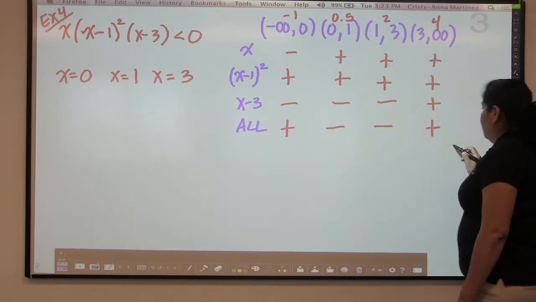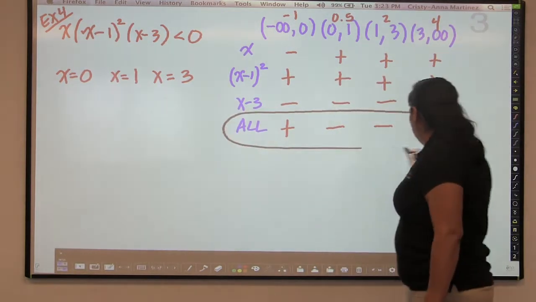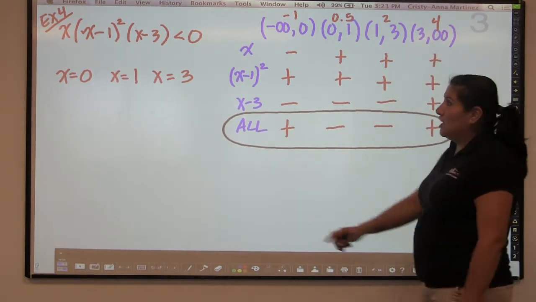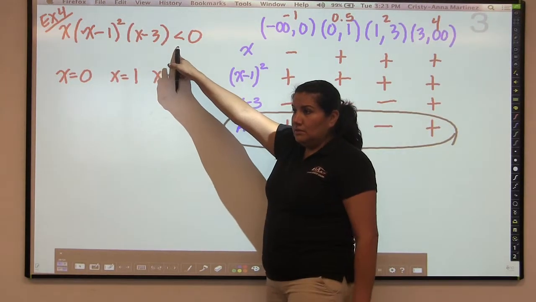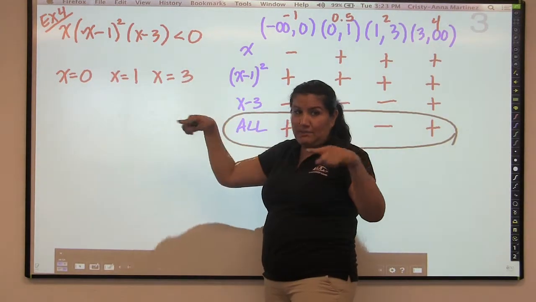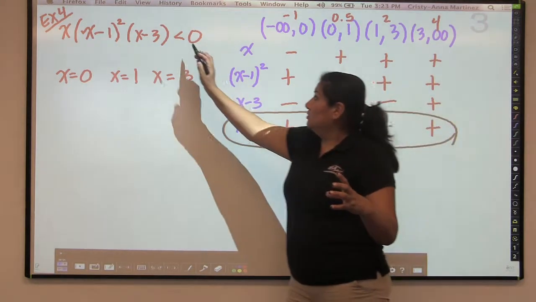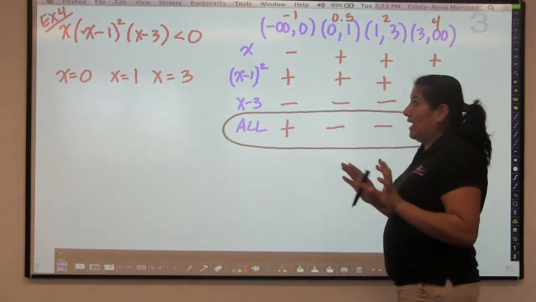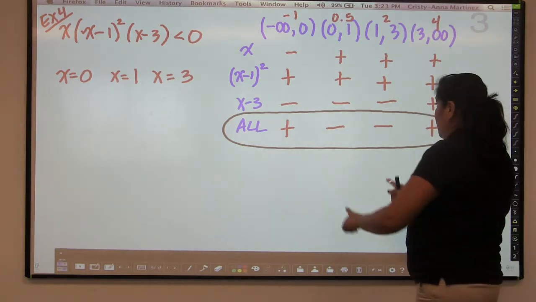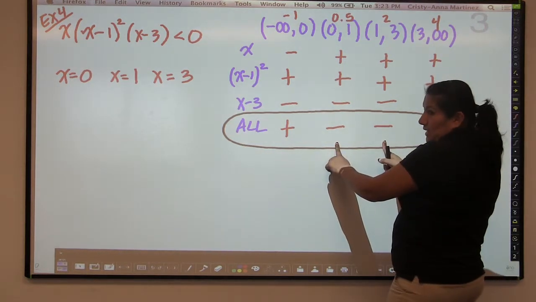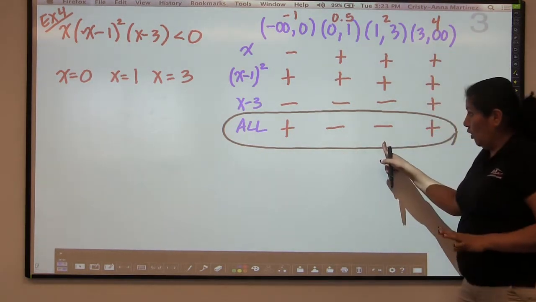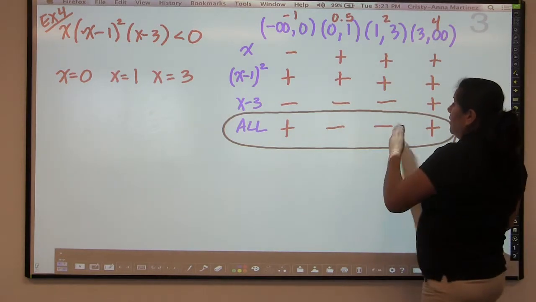Okay, so we're only looking at the bottom row for our final answer. And we want to check over here that it says less than 0. So we don't want to include the endpoints, right? There's no brackets in this case. Last time we had an equal to, so you had a little bracket. Now there's no brackets. But they wanted negative, so they want these two. Okay, but here's the problem. You might be thinking to yourself, oh, just go from 0 to 3.